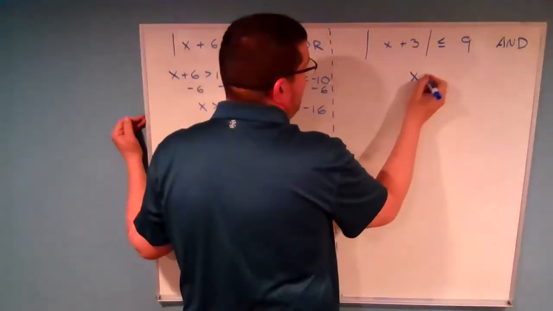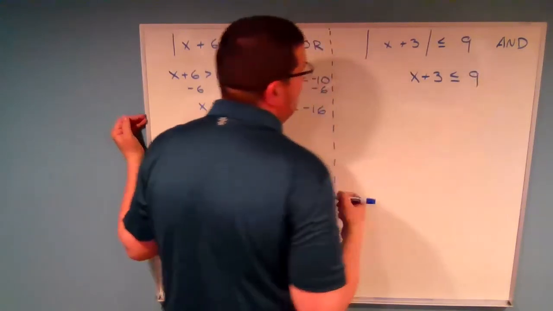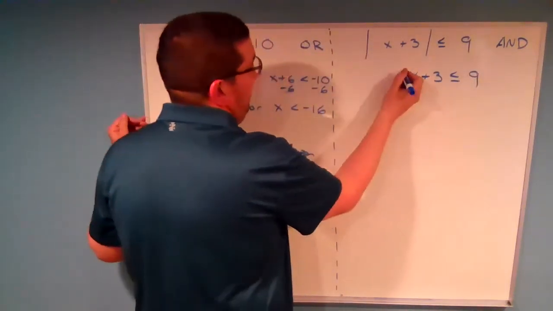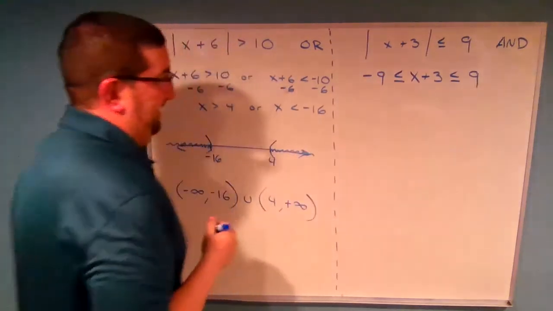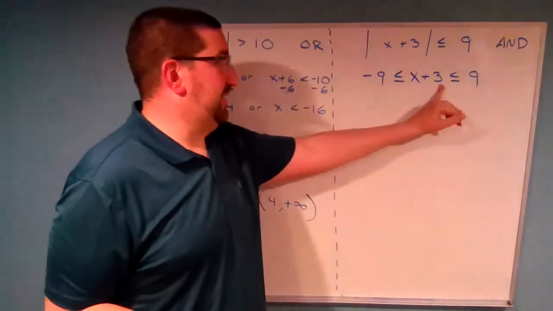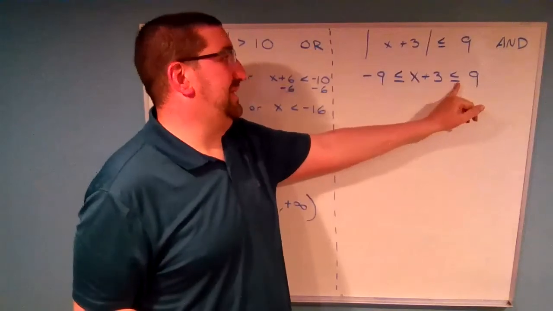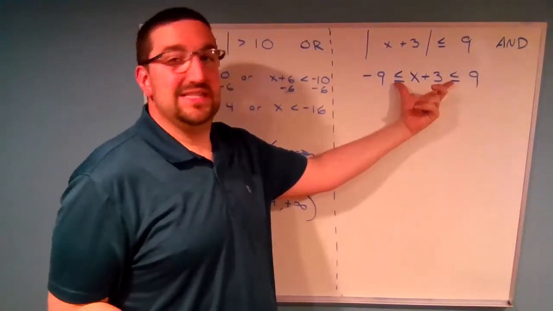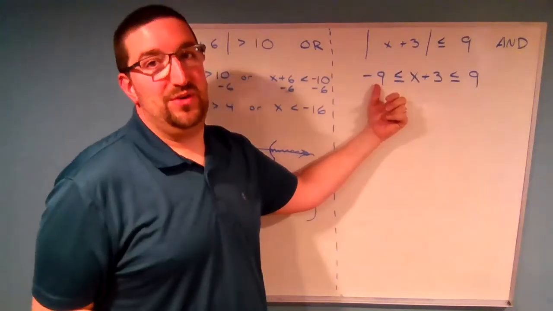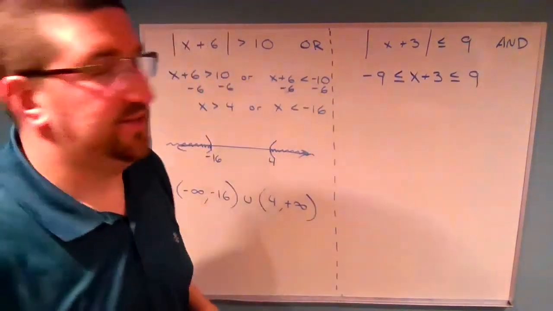So we have x plus 3 is less than or equal to 9, and x plus 3 would be greater than or equal to negative 9. So x plus 3 would be greater than or equal to negative 9, and x plus 3 would be less than or equal to 9. Compound inequality, these face the same directions, and you just put the negative version of the number you have over here.